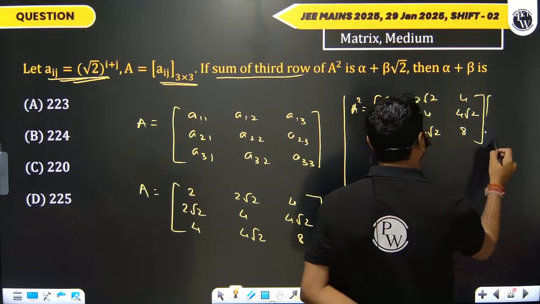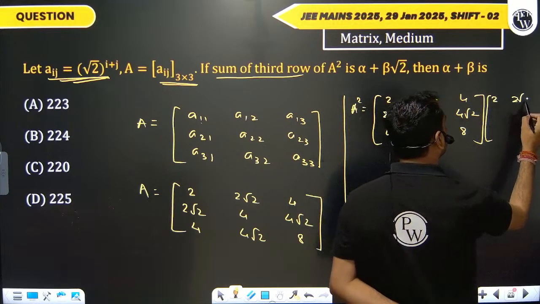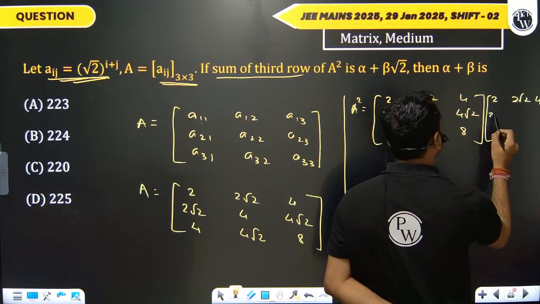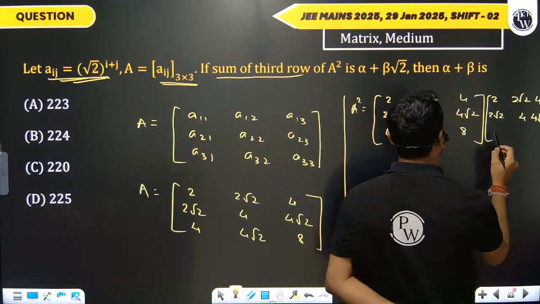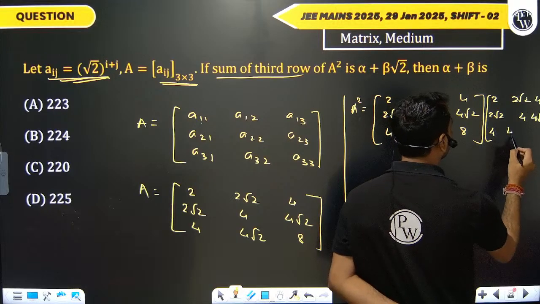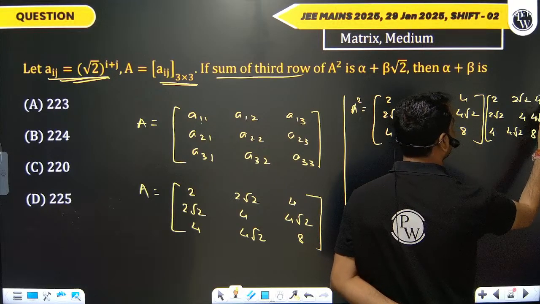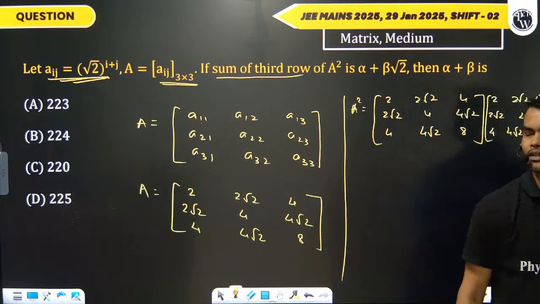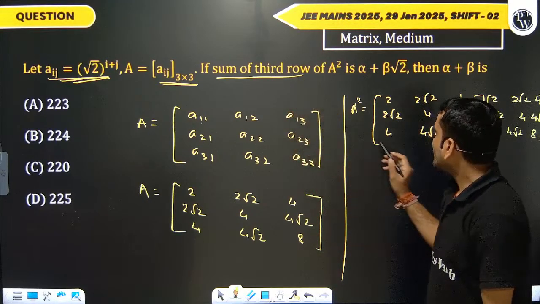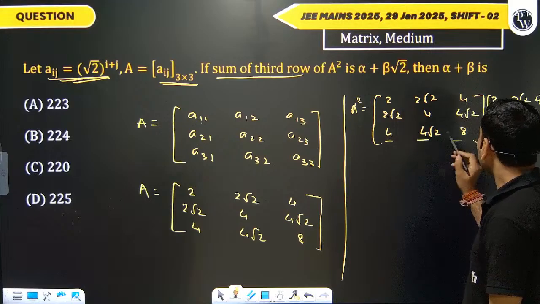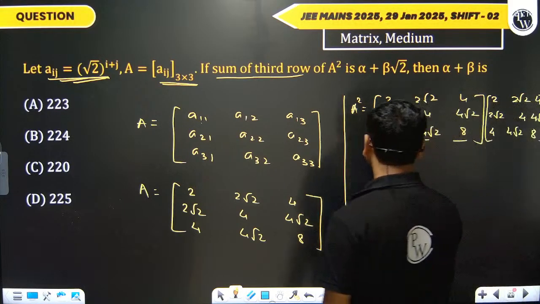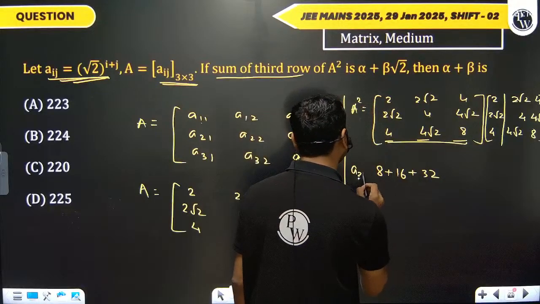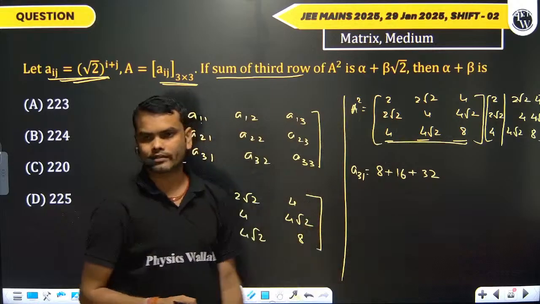Again A you will write here: 2 root 2, 4 and 4 root 2, and then 4 root 2 and 8 will come, right? Clear? For the third row, we just have to multiply this third row with column 1, column 2 and column 3 respectively. So this is your A31 going to come in the A square, right?